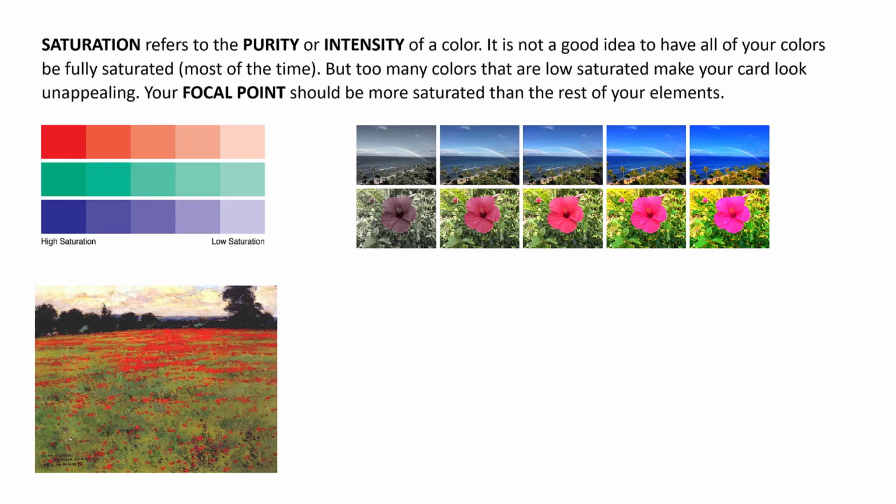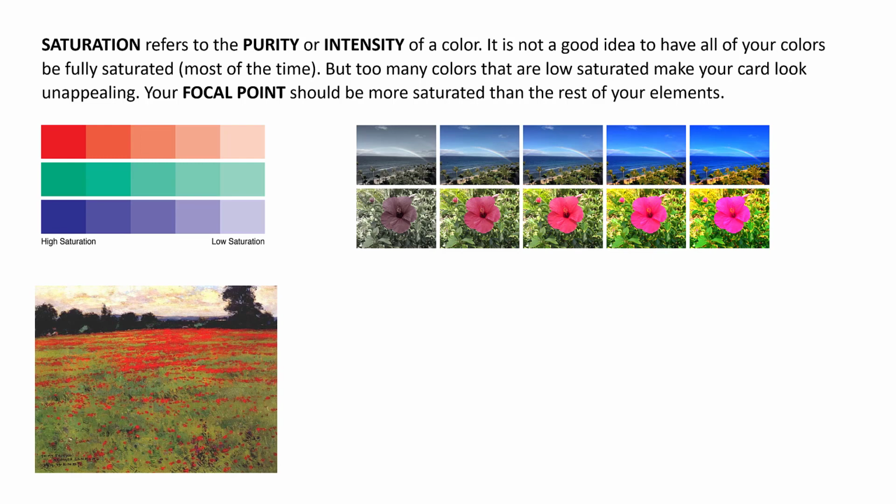This is a painting. Why did this artist make all those poppies a really deep saturated red and the rest of the painting middle to light saturation, middle to low saturation? It's because he wanted those poppies to stand out.